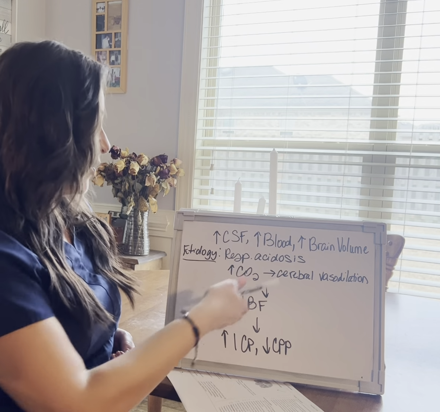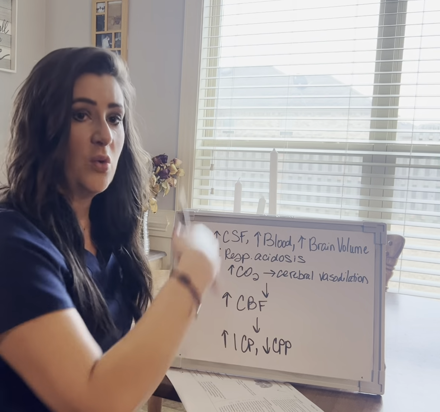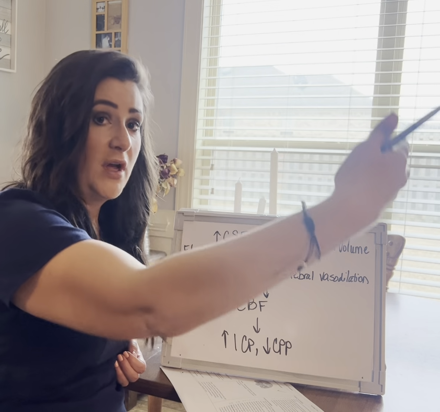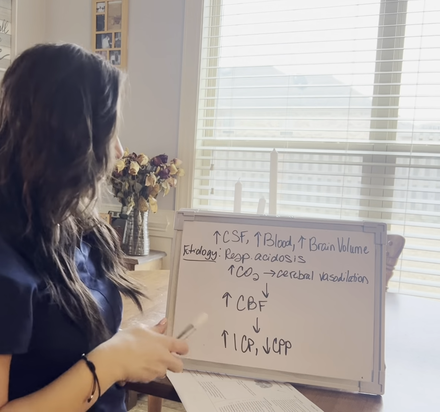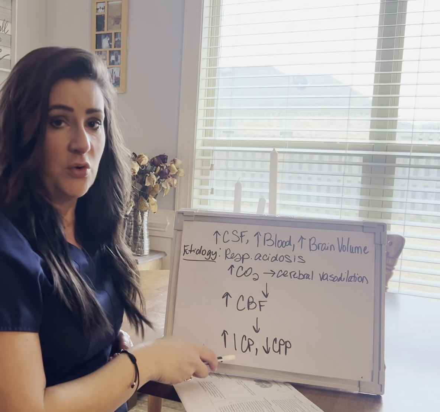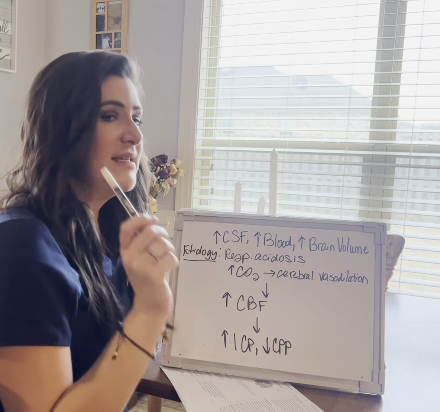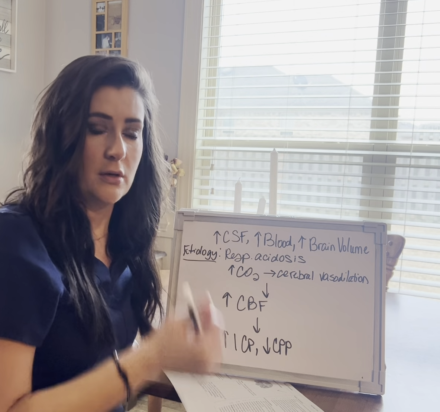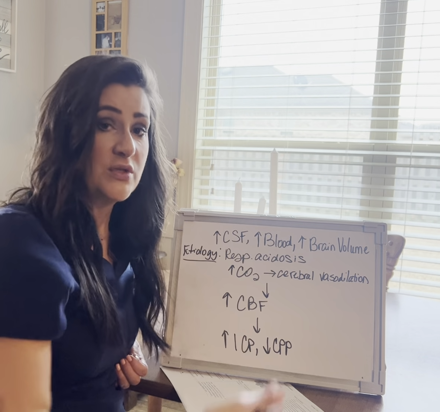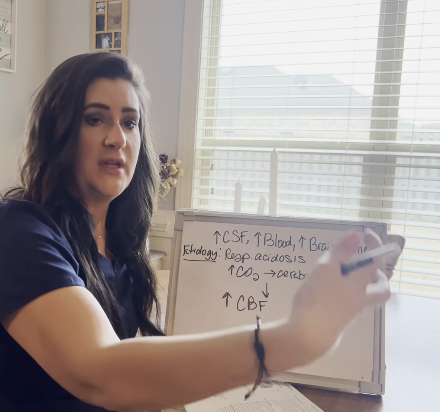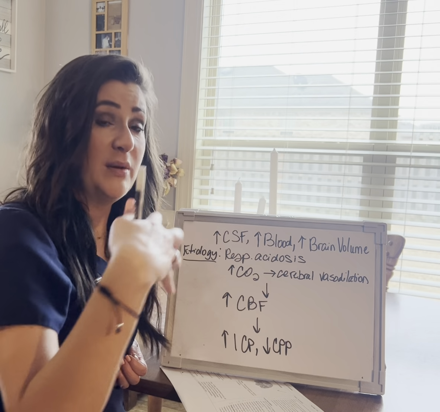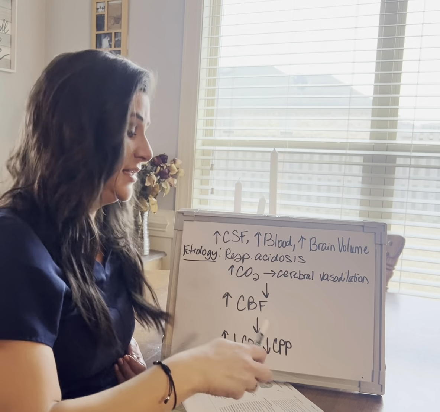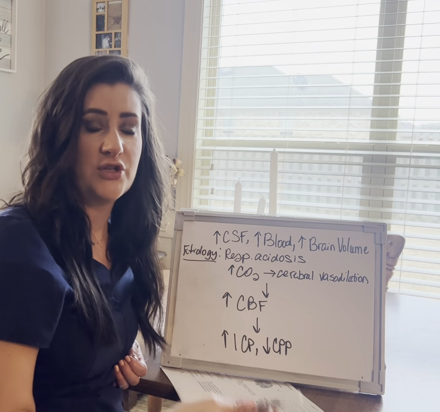All right, so as that cerebral blood flow increases and the blood volume within the brain increases, then our ICP increases. But what decreases is our cerebral perfusion pressure. Okay, so as ICP goes up, space within the brain to be perfused goes down, and so cerebral perfusion pressure goes down.